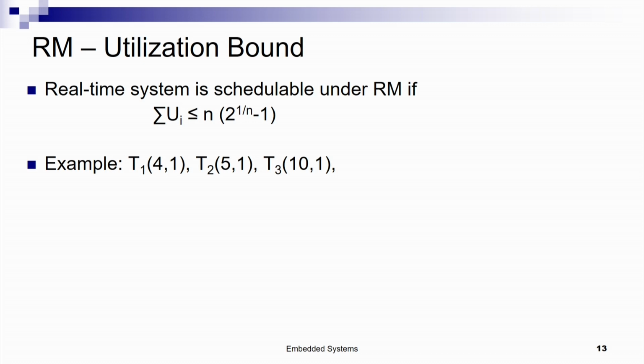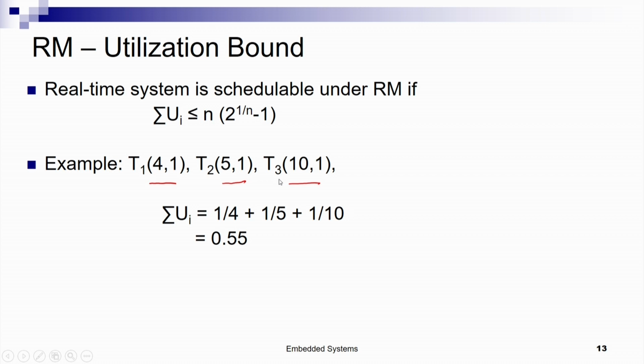Okay. So, let us take the example of 3 tasks here. We have 3 tasks where T1 has period 4 and execution time 1, period 5 and execution time 1 for task T2, and period 10 and execution time 1 for task T3.